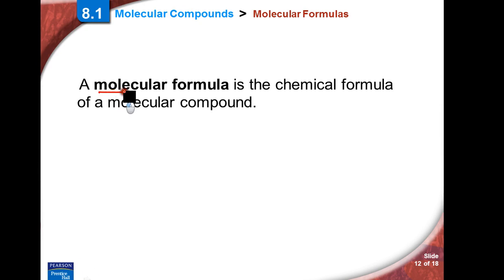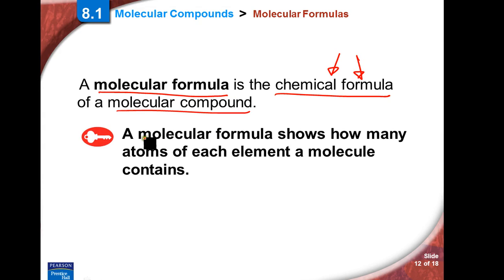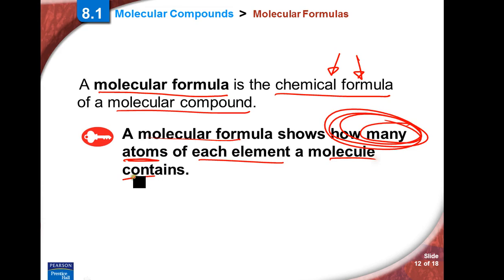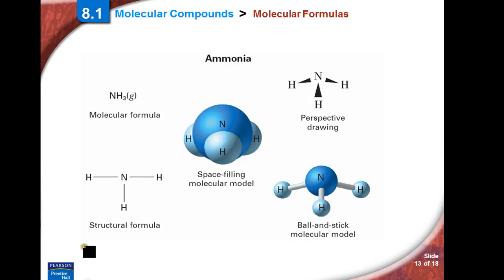A molecular formula is the chemical formula of a molecular compound. So this is the formula that lists what it's made out of. A molecular formula shows how many atoms of each element a molecule contains. The example of NH3 says there is 1 nitrogen and there are 3 hydrogens.